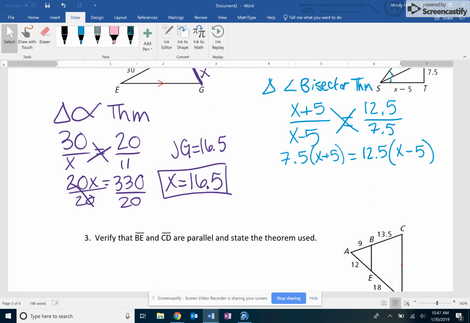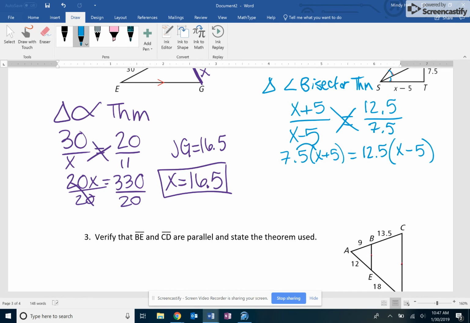So when we distribute, 7.5 times x is going to be 7.5x. 7.5 times 5 will give you 37.5. And then you distribute the 12.5x. And 12.5 times 5 will give you 62.5, and that'll be a negative 62.5 because of the negative 5.